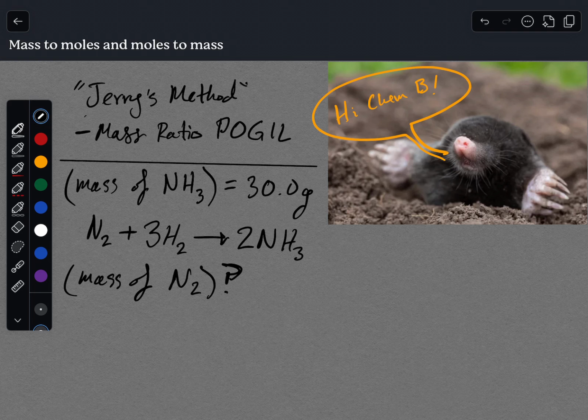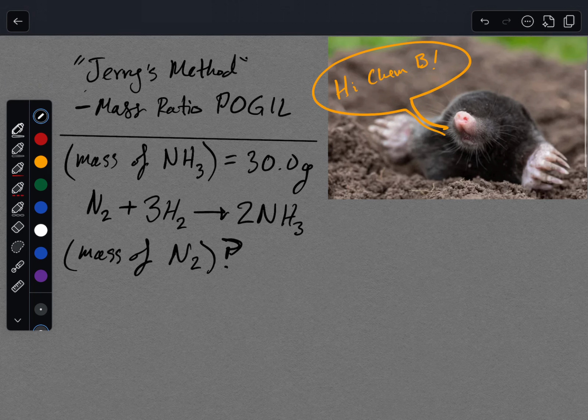Okay, so just to reiterate, we know the mass of the NH3 is 30 grams, and we do not know the mass of the nitrogen that is required to make this happen.